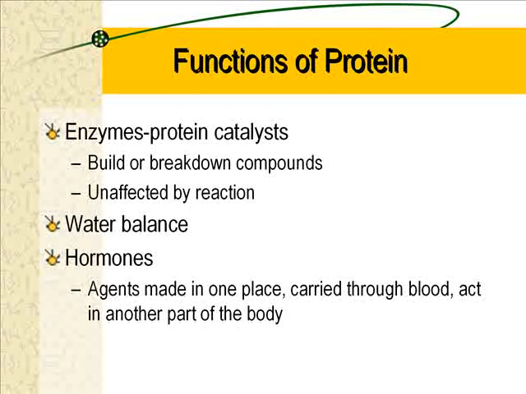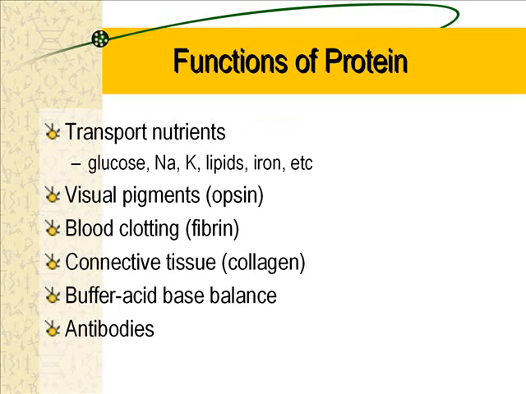Hormones are also proteins. Hormones are agents that are made in one place in the body, and then they travel through the blood to act in another part of the body. Insulin is a hormone, glucagon is a hormone, and of course we know the sex hormones like testosterone. Those are proteins. Proteins also act to transport certain nutrients like glucose or sodium and potassium. Lipids, we talked about the lipoproteins.